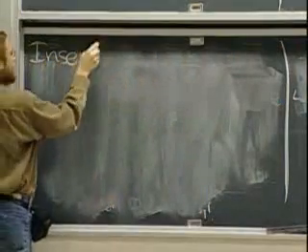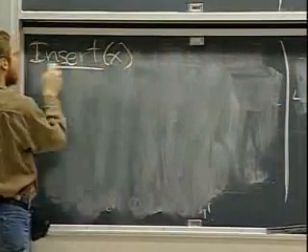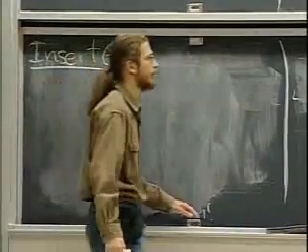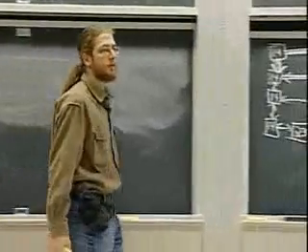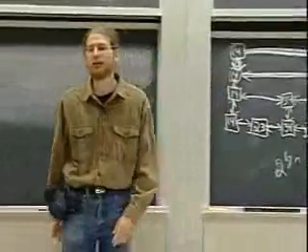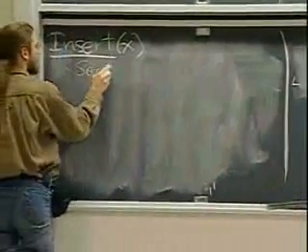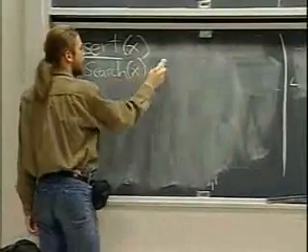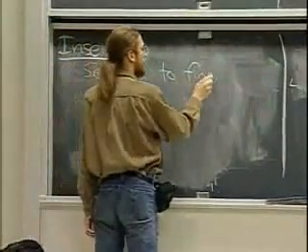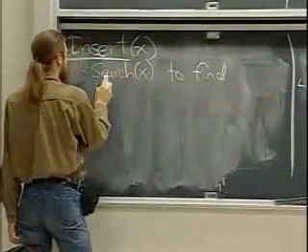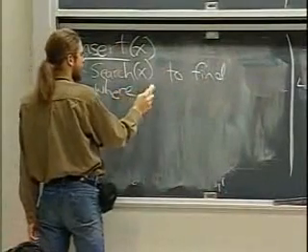So suppose you want to insert an element x. We said how to search for an element, so how do we insert it? Well, first thing we should do is figure out where it goes, so we search for x. We call search of x to find where x fits in the bottom list, not just any list.